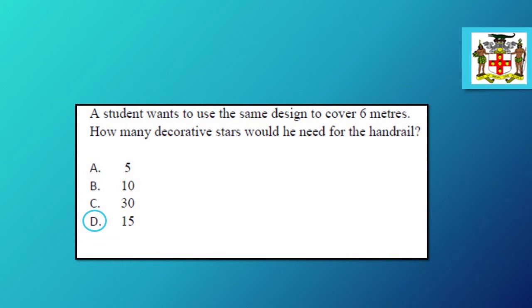Now, let's look at another question using the same handrail. In this question, we're asked, what is the total length of horizontal bars that's needed to make the 6-meter handrail? Sounds sort of fishy, right? Because we're told that the handrail is 6 meters. But notice it says what's the total length of horizontal bars.